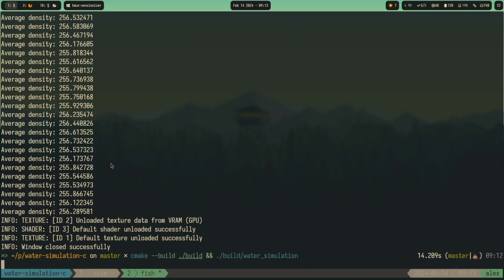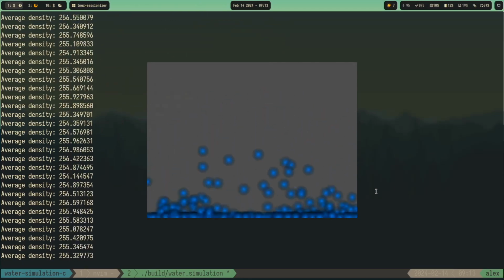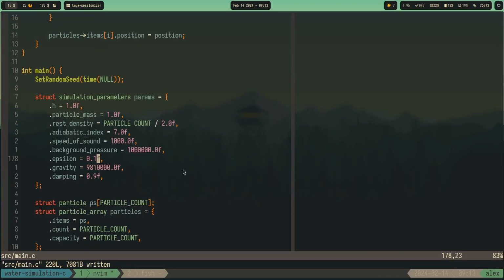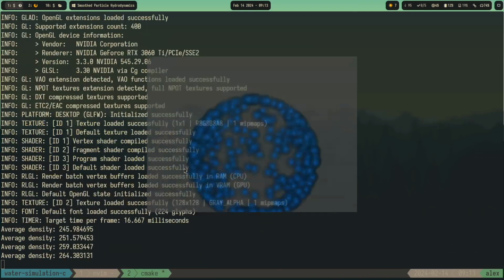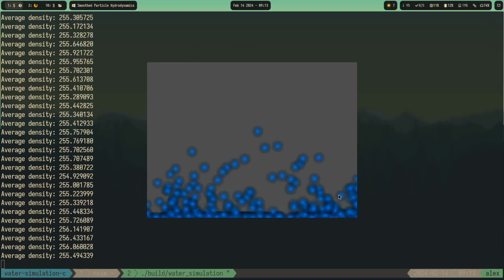Let's see if we make epsilon small again. Interesting, it looked good for the first couple of seconds, but then it fell off.